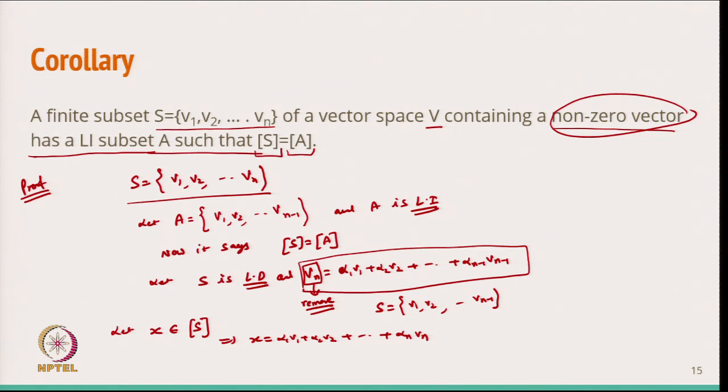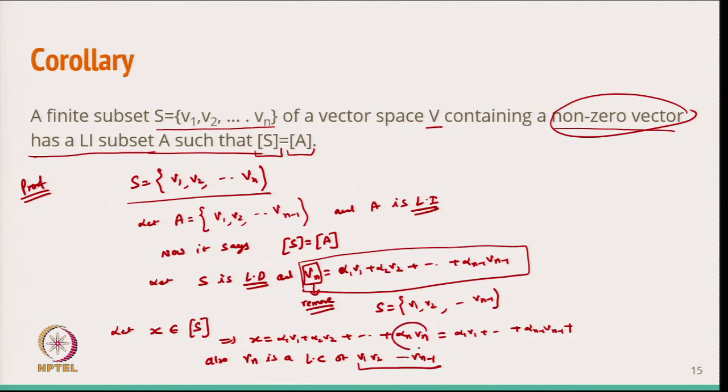Now, also Vn is a linear combination of V1, V2 up to Vn minus 1. So, x is also a linear combination of V1, V2 up to Vn minus 1.